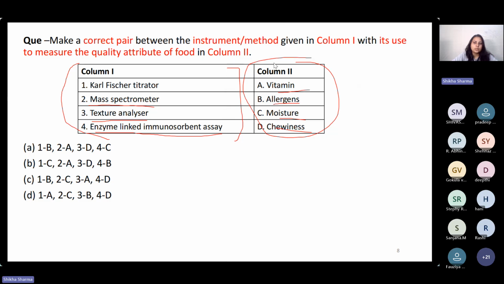Okay, let's see the answers suggested by you guys. Okay, Shiv Sami, thank you for helping us with examples.